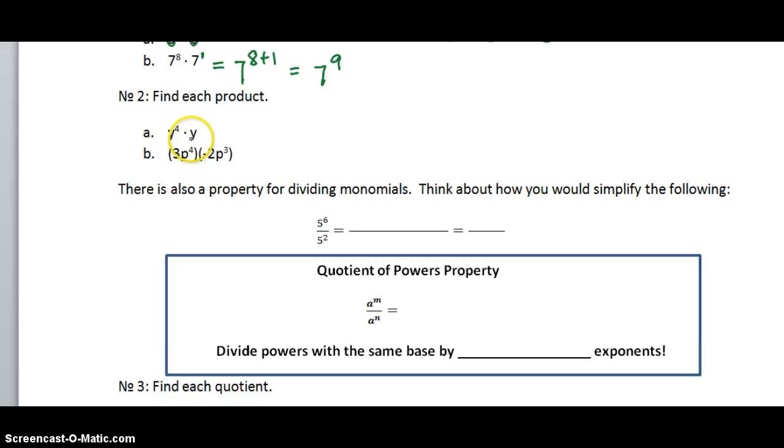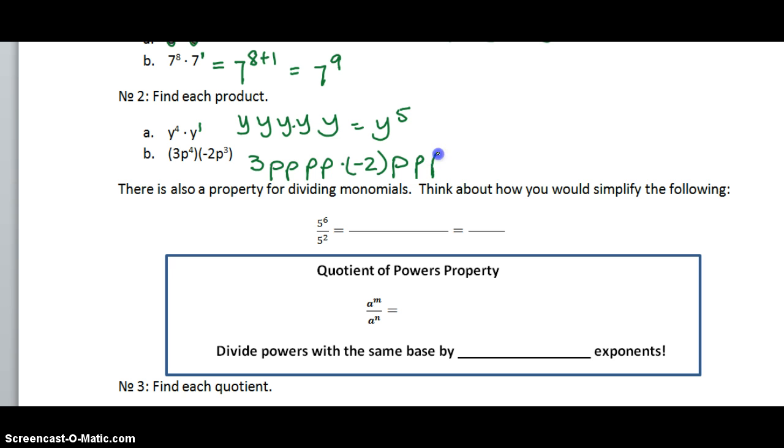All right, here we have y. Again, this is understood to be to the power of 1, so you can write it out, y times y times y times y times y, and you have y to the 5th. But the quick way to do that is to say 4 plus 1 makes 5. Here I have 3 times p times p times p times p, because parentheses right there just means multiplying, and I've got a negative 2, so I always put my negative in parentheses so I don't forget the negative goes with the 2, p times p times p.